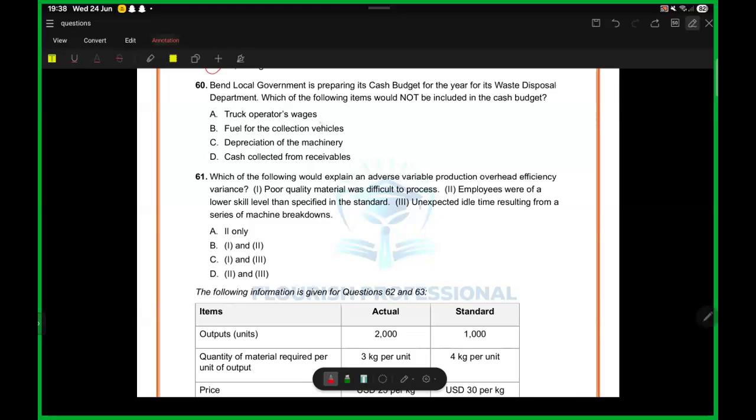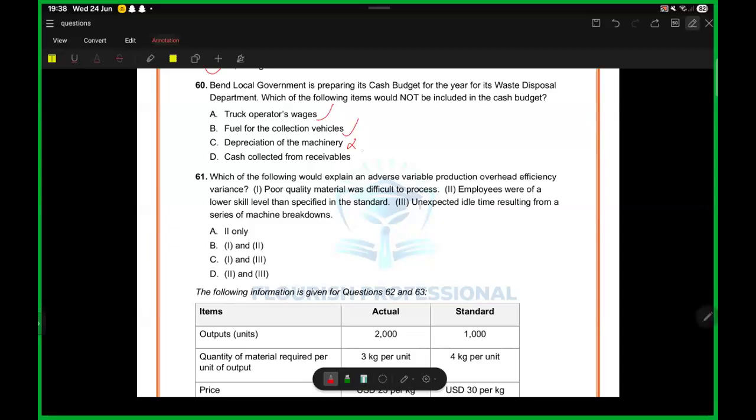Truck operators' wages, we will pay them wages, we record it. Fuel for the collection, we record it. Depreciation is not a cash item, it is a non-cash item. We have estimated that once you are using the machine, the value of the machine will reduce. So let's set some money aside so that at the end of the machine's period, we can replace the machine.